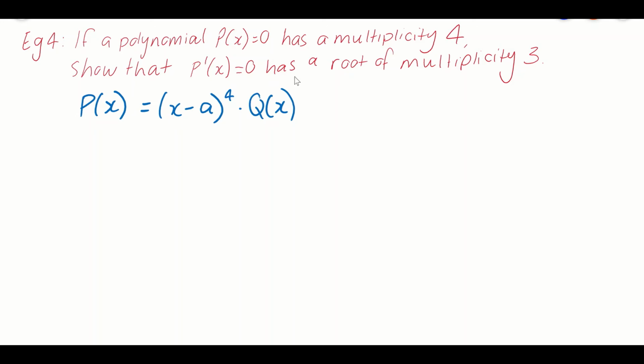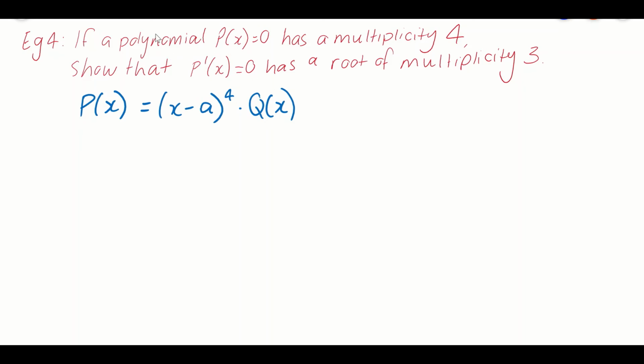Okay, now that makes sense, because according to our theorem, that would be the case, but we have to prove it. So all I've done here is written that polynomial out in some way that could be true. We know that some factor has a multiplicity of 4, but we don't know the overall power of this polynomial.